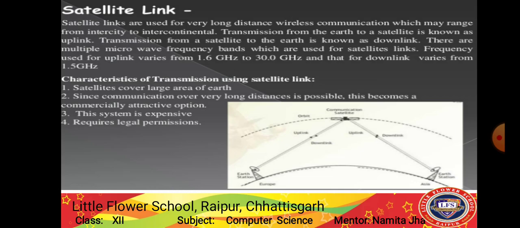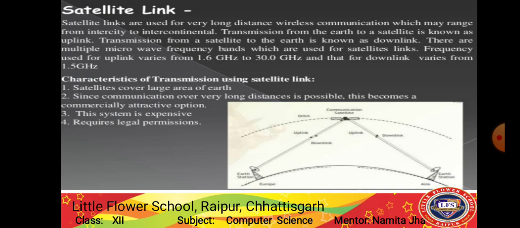Satellite link. Satellite links are used for very long distance wireless communication, which may range from intercity to intercontinental. Transmission from the earth to a satellite is known as uplink. Transmission from a satellite to the earth is known as downlink.